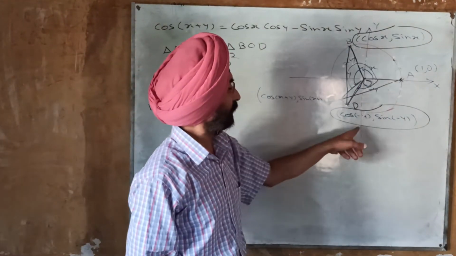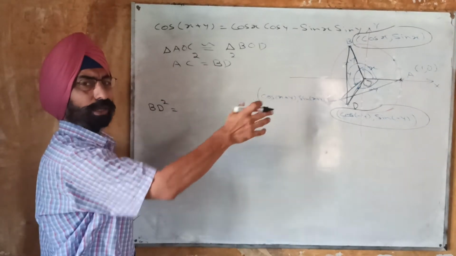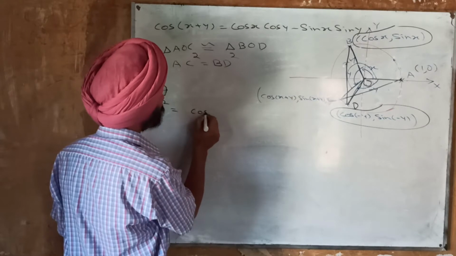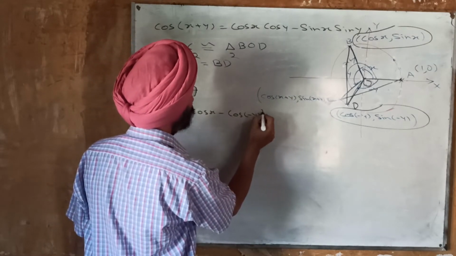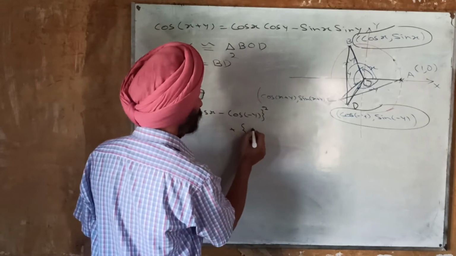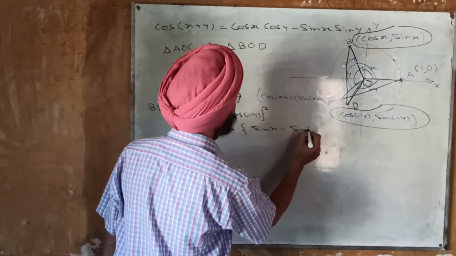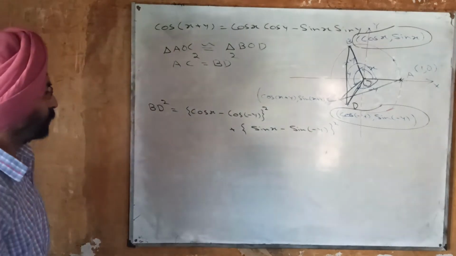So the distance between these 2 points, squared, because the square root on the other side will be removed, will become (cos x minus cos(minus y)) square plus (sin x minus sin(minus y)) square. So what will you get?